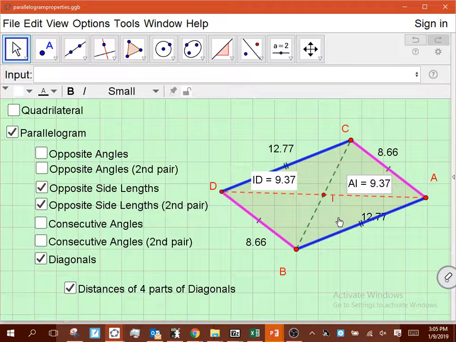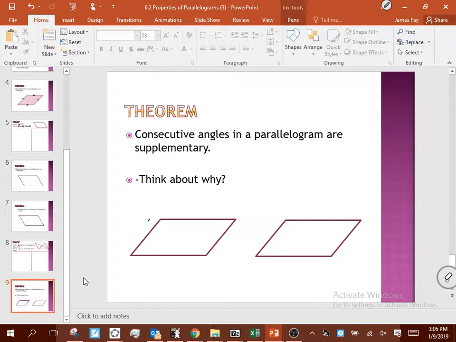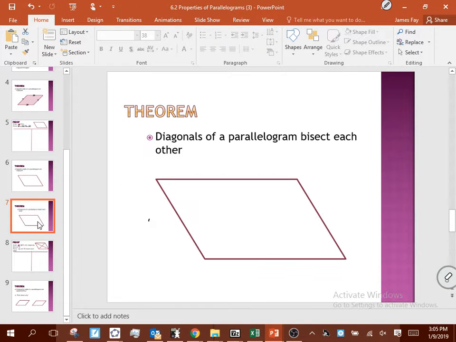All right, so the way we phrase this then is that the diagonals of a parallelogram bisect each other. Diagonals of a parallelogram bisect each other. Now, we don't have anything that says that our diagonals have to be congruent.